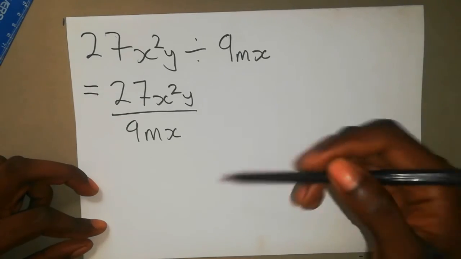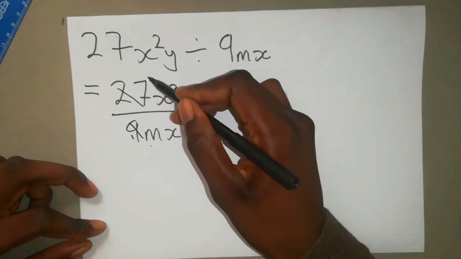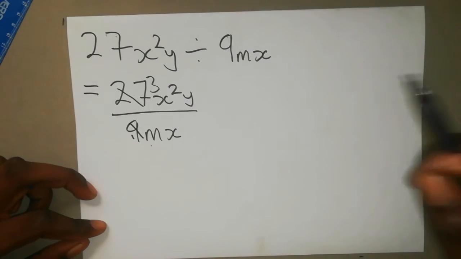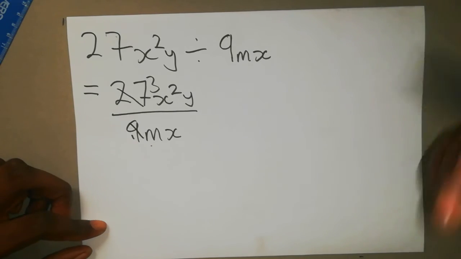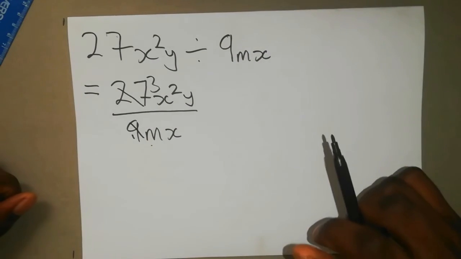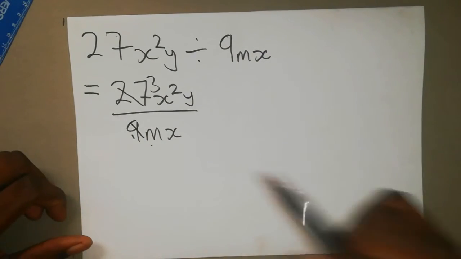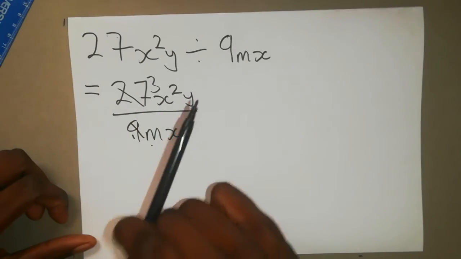So in this case, it's going to be 9 into 9, here it's 1, 9 into 27, here is 3. Fine, as we do these divisions, we are supposed to be subtracting our powers. As you know, division is the opposite of what? Multiplication.